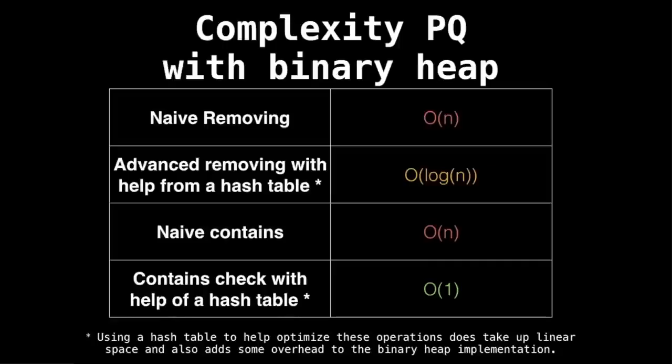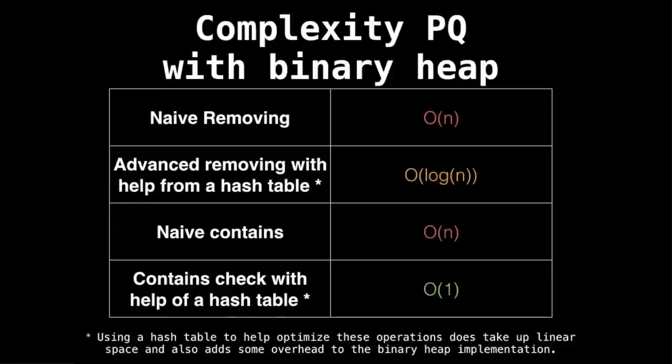However, there does exist a way to reduce the removing time complexity, which I will go over later in great detail in this video series, so stay tuned for that. This method uses a hash table to reduce the removing time complexity to be logarithmic, which is super critical actually if you're removing as much as you are adding.